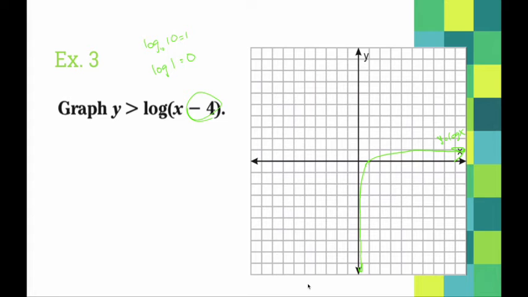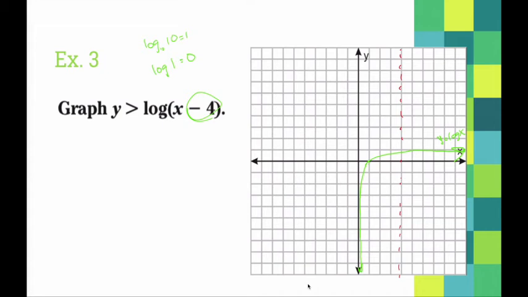Using our transformation rules, if we subtract 4 inside the log, that's going to shift the function 4 to the right. So now we have a new asymptote at x equals 4. And that's going to go through here.